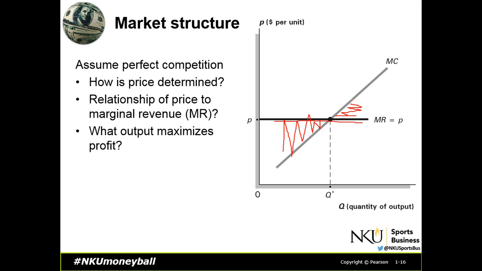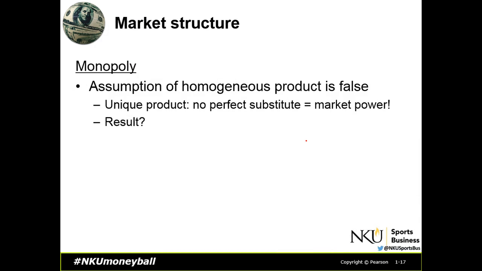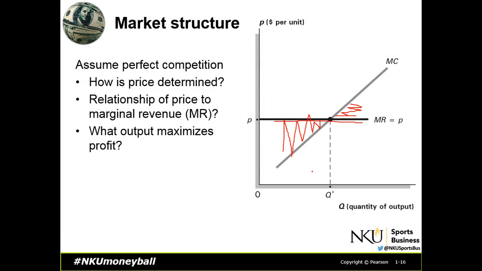I'm losing money when I'm selling additional units past the point where marginal revenue crosses marginal cost. So my output that maximizes profit is where marginal revenue equals marginal cost, where these are equal to each other, which is this point right here.